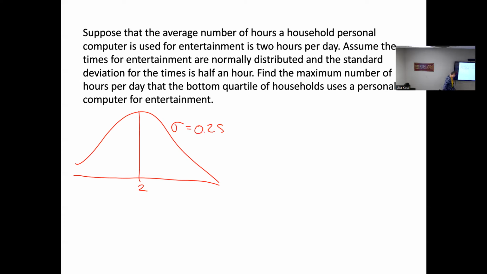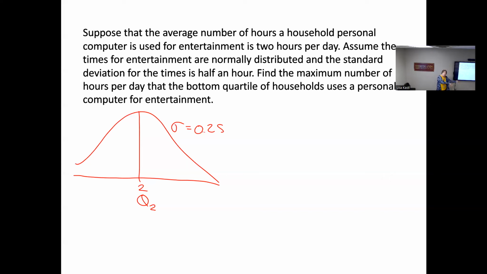If you remember, quartiles break our data into quarters. So the median of a normal distribution is the second quartile. And again, the second quartile separates our data into 2 halves. So to the left of the mean should be 50% of your data.